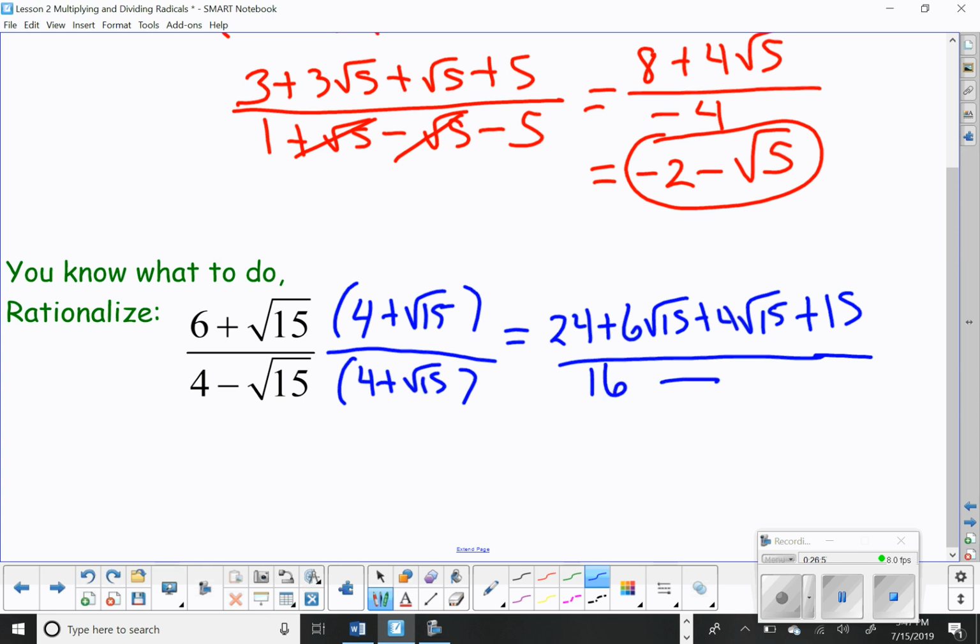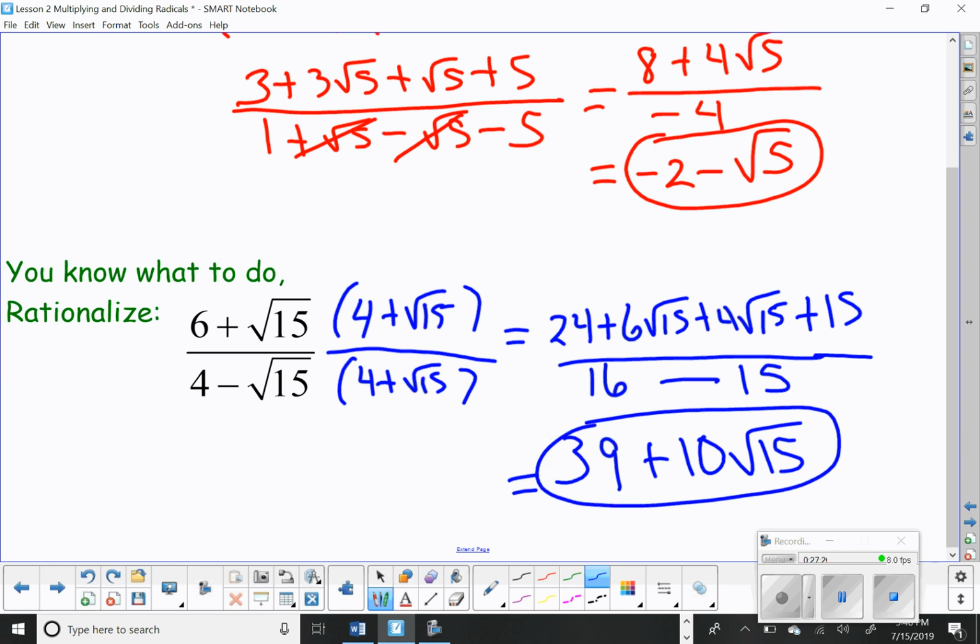Then I'm going to subtract square root of 15 times square root of 15, which is 15. Now, 24 plus 15 is 39. 6 plus 4 is 10 square root of 15. 16 minus 15 is 1. So I don't have to put everything over 1. It needs to be simplified. Is that what you got?